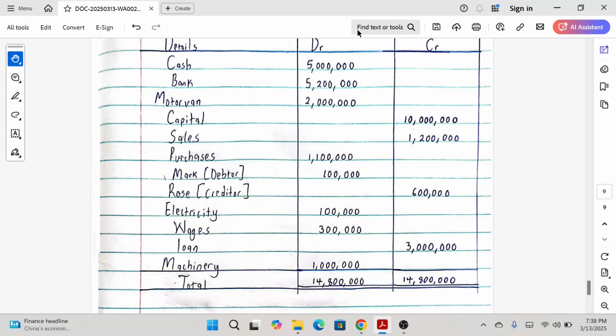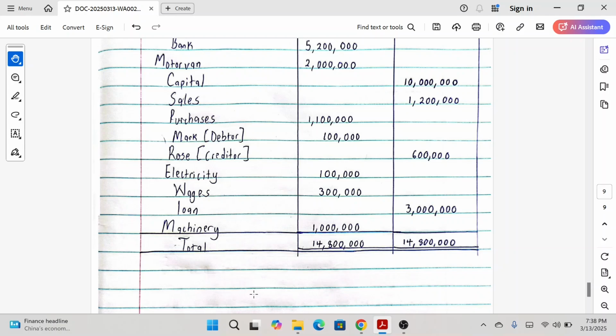So when you add up the debits and the credits, you're going to get 4.8. So debits are 4.8 and the credits are also 4.8. So meaning your trial balance has balanced.